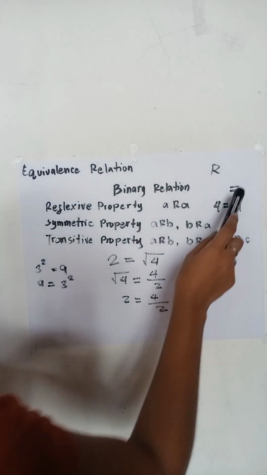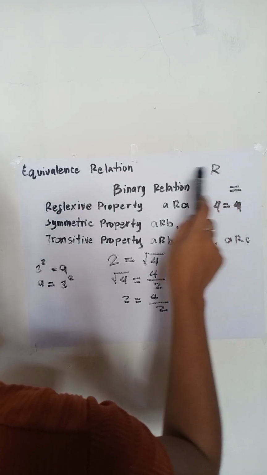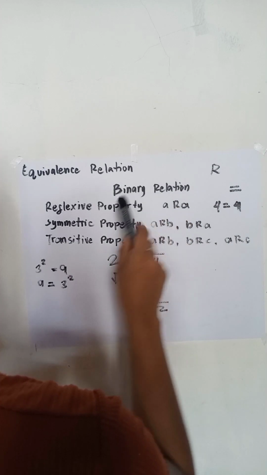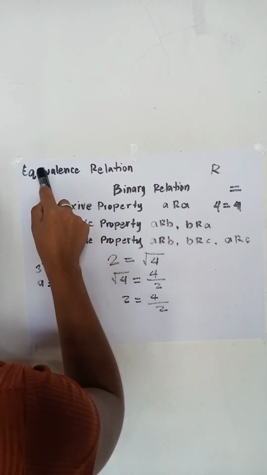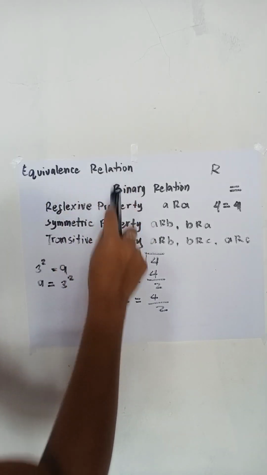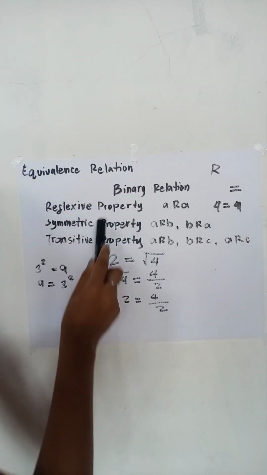So since equal to is a binary relation, and is reflexive, symmetric, and transitive, it is an example of an equivalence relation. So it satisfies these three conditions.